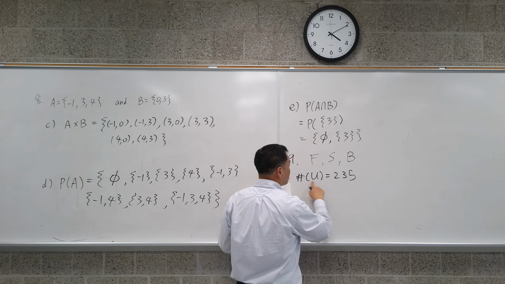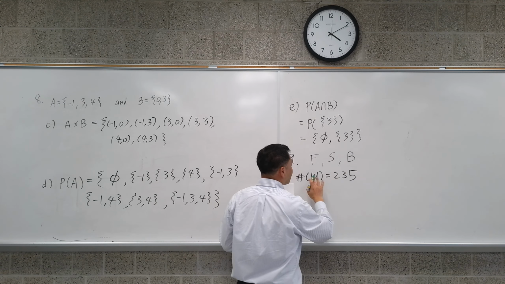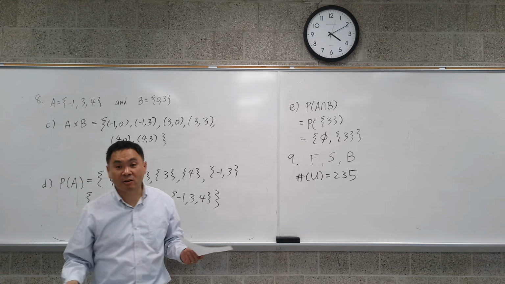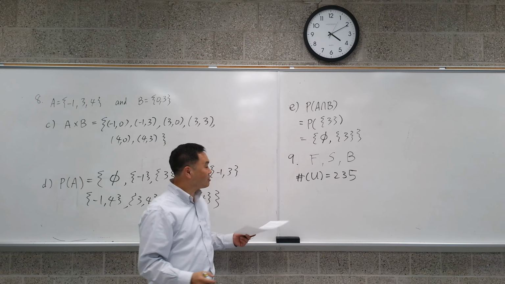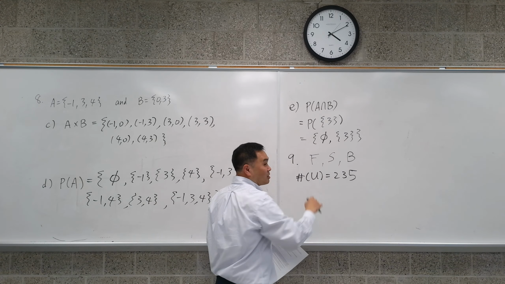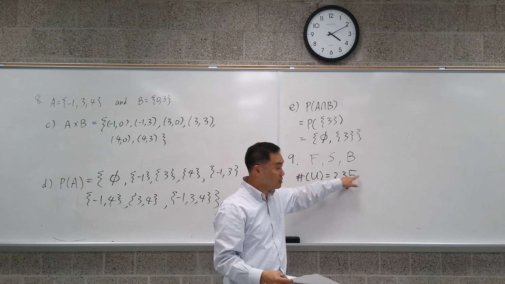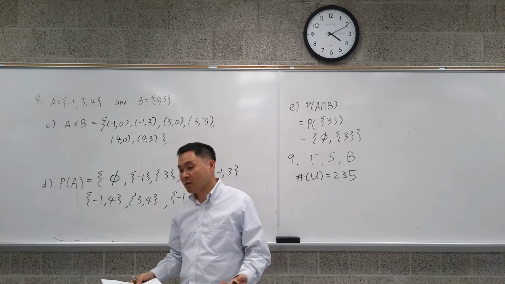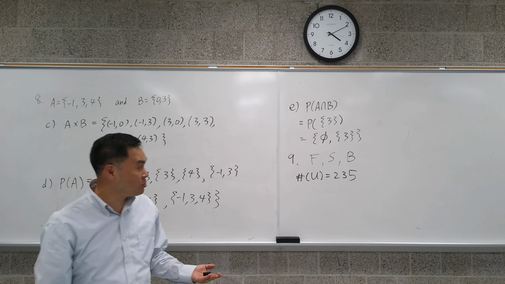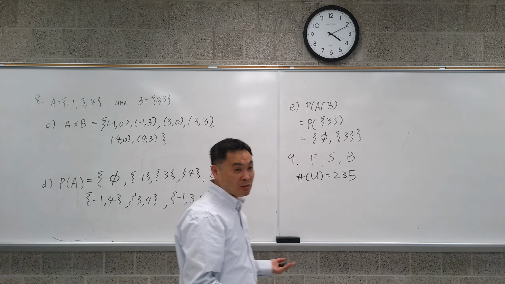Now, U is the set of all the elements in the context. So in this context, since F, S, and B are boys in the high school, this must be the number of boys that are in the high school, okay? Some might be in one sports team, some might be in two, some might even be playing all three, and some might not be playing any sports at all, okay?